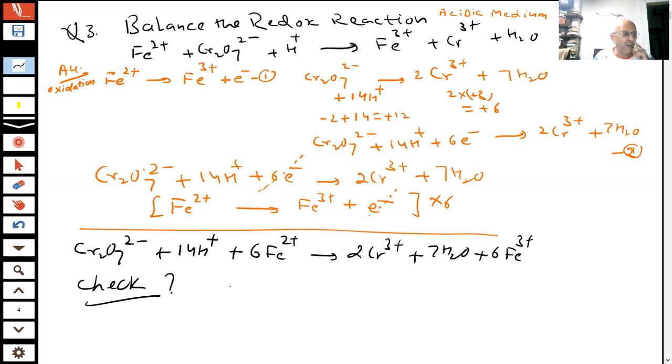Check the atoms and charges. Are they balanced? Is the equation balanced, students?